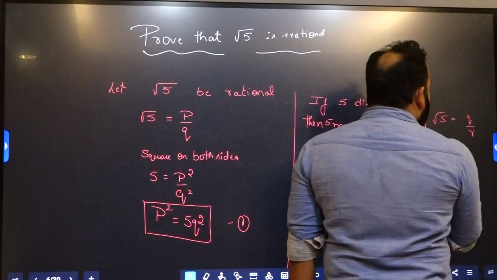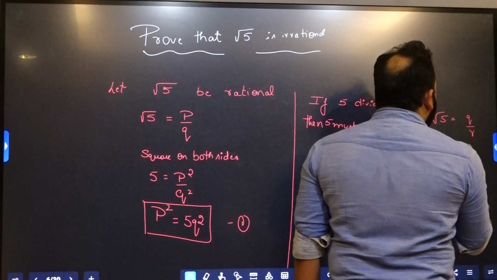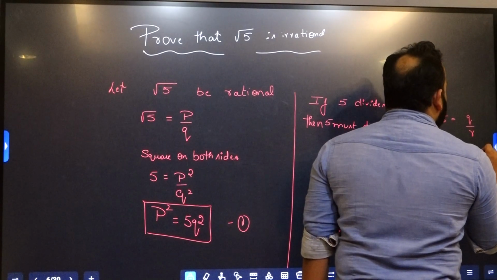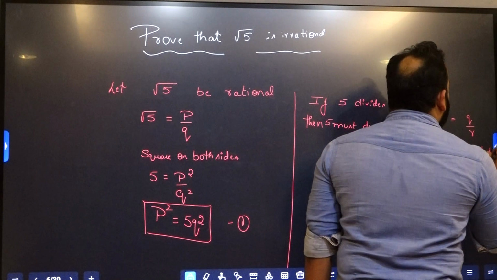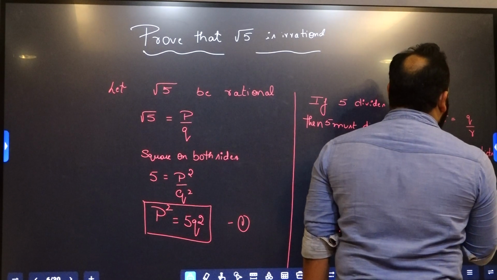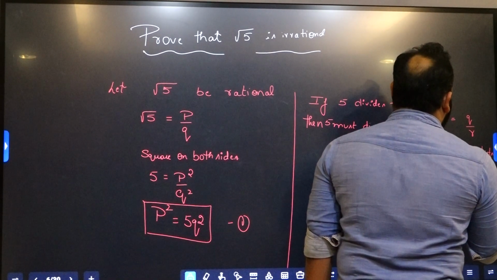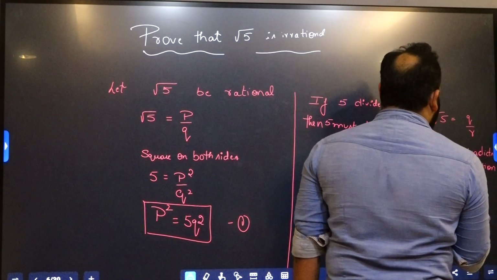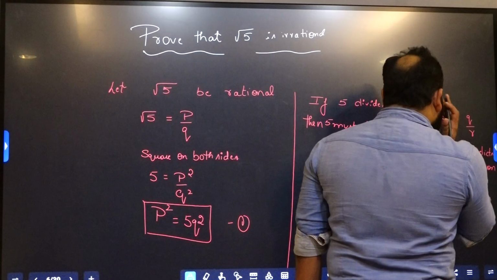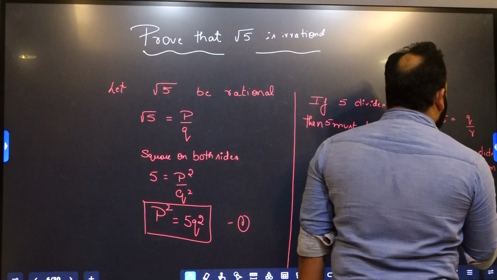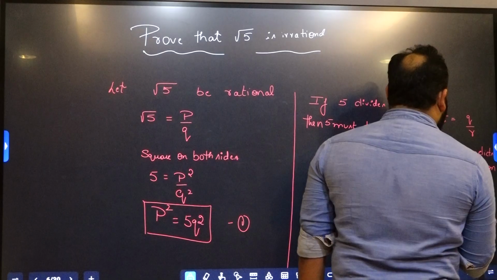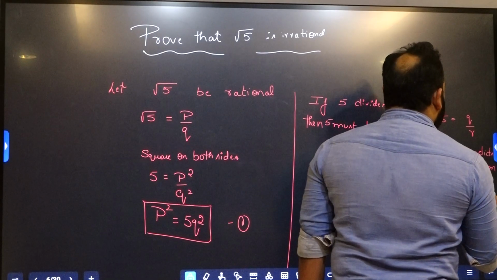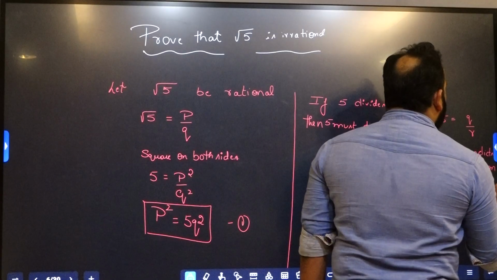You can write this: this contradicts our assumption that root 5 has no other factors other than p and q.